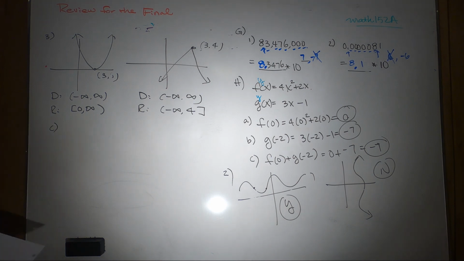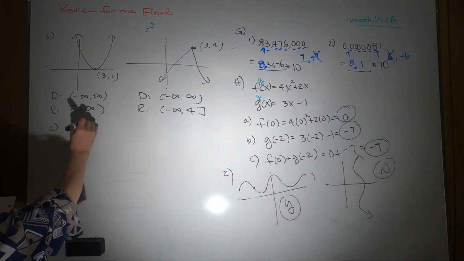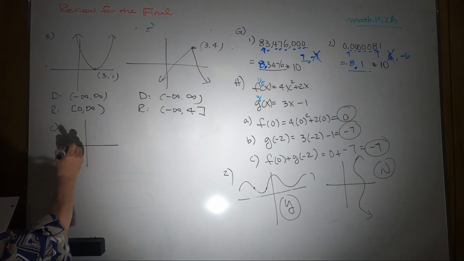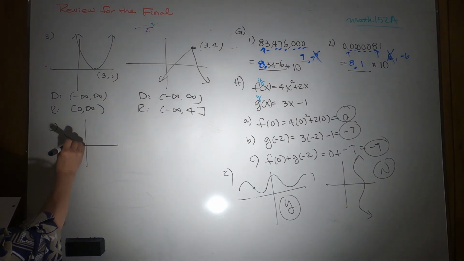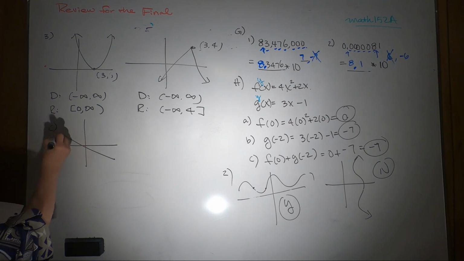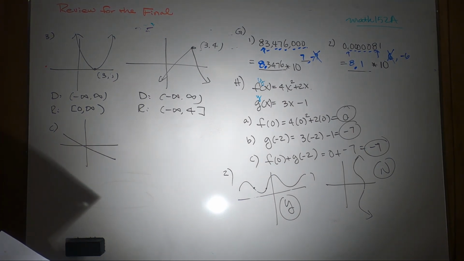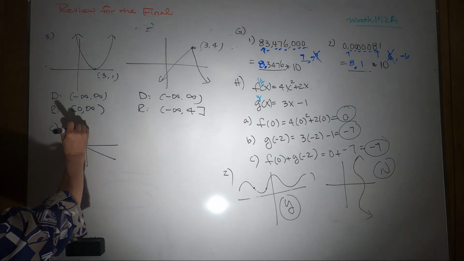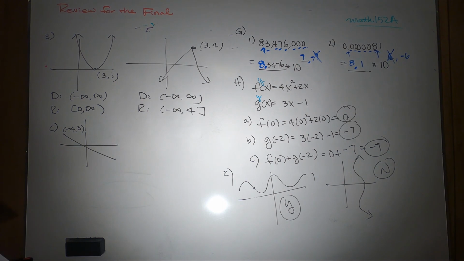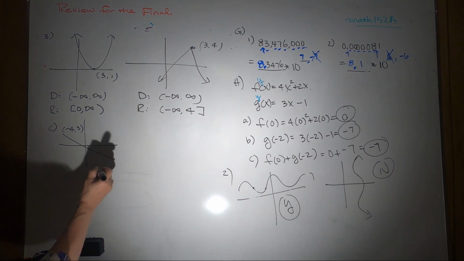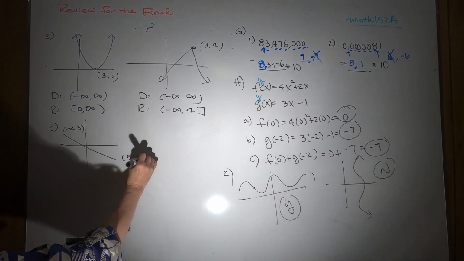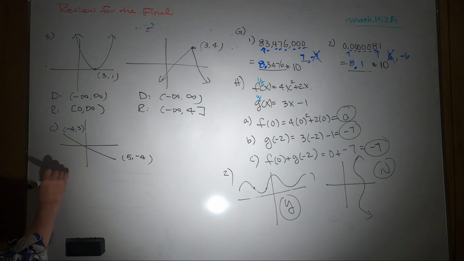Then on the next page, page 6, we also have this one. Then this point, let me see, negative 4 and 3. Here is negative 4 and 3. This point would be 5 and negative 4, right? So what's your domain?